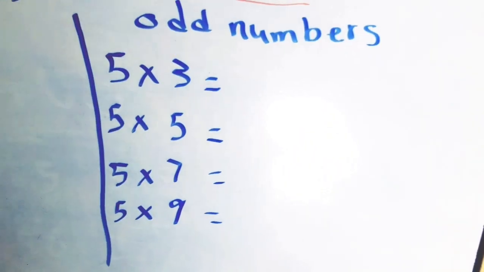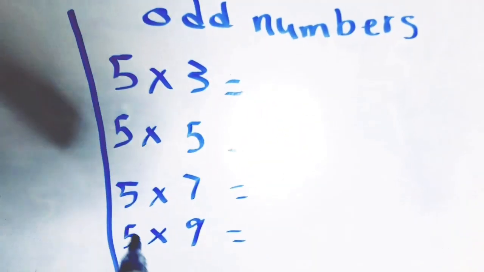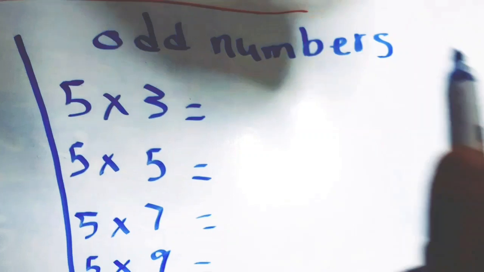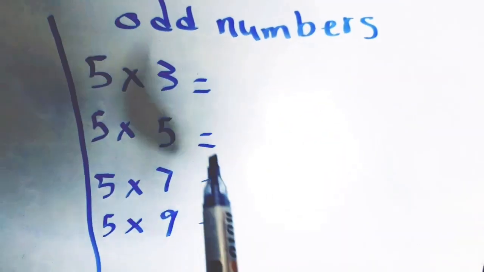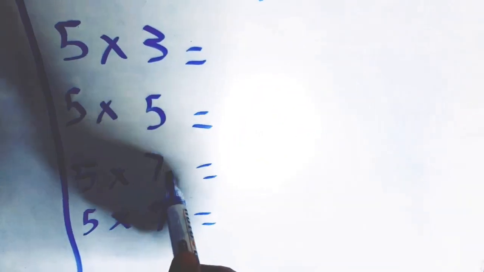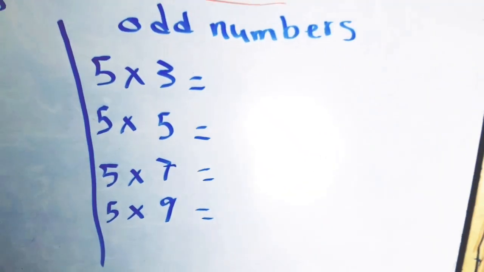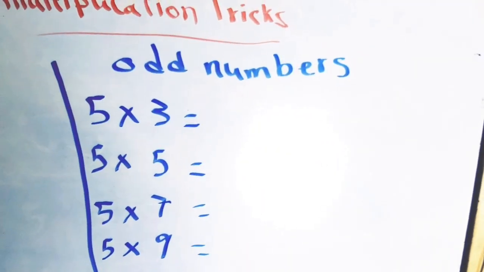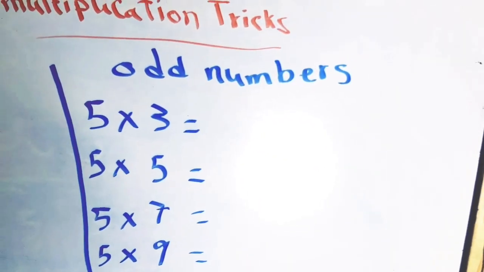Of course, we are multiplying 5 by odd numbers. 3, 5, 7, 9 are odd numbers. What will we do? You must learn this fact.